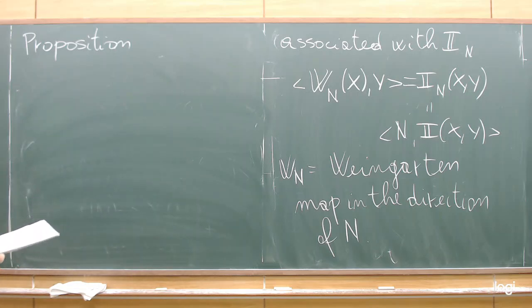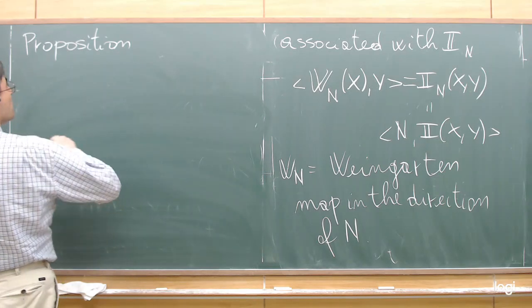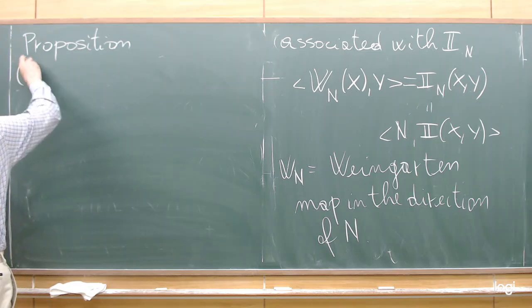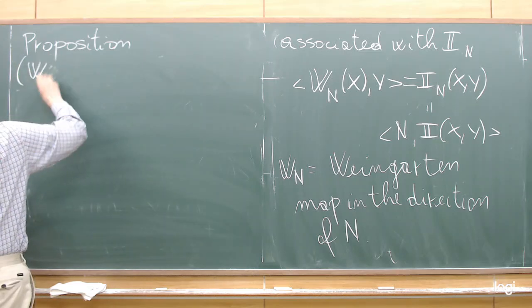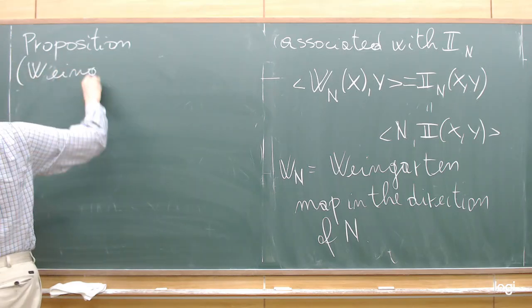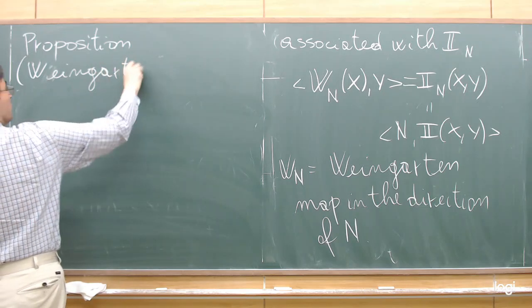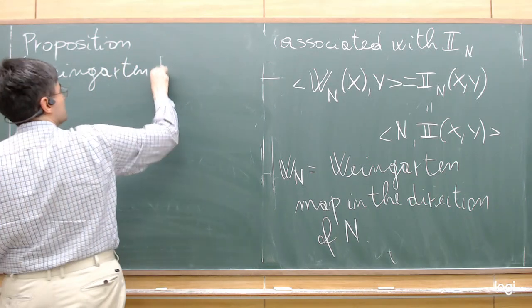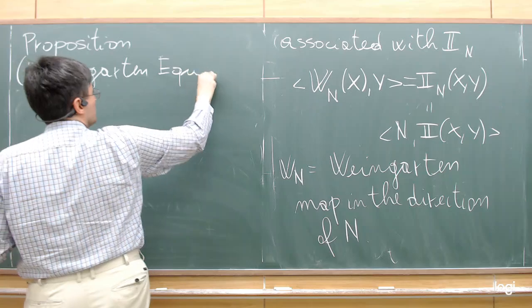The first result about the Weingarten map is this proposition, which is about the Weingarten equation.